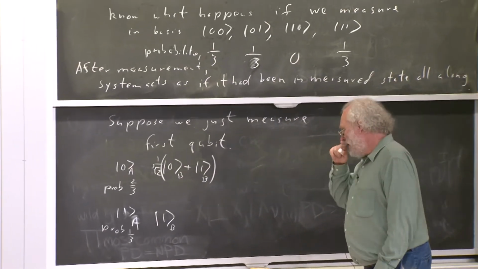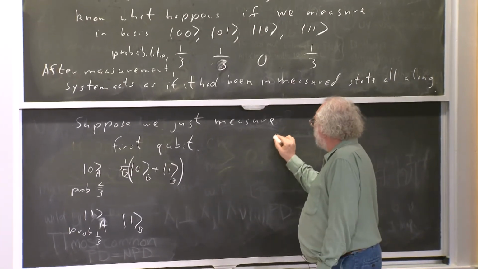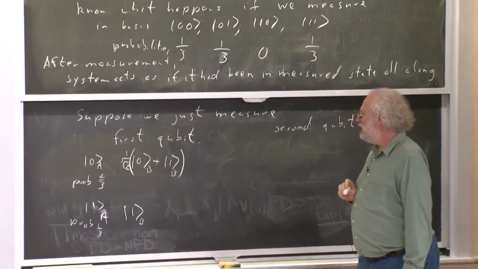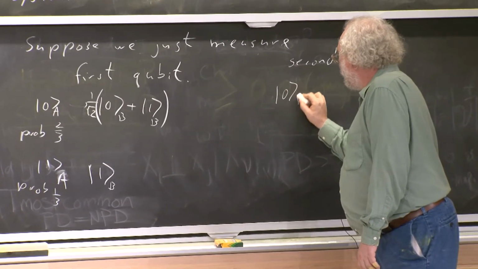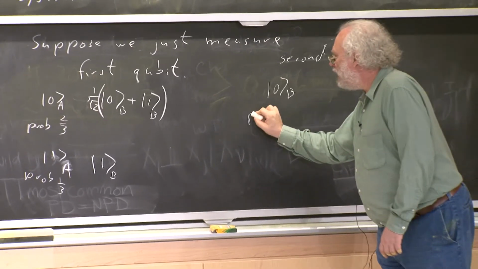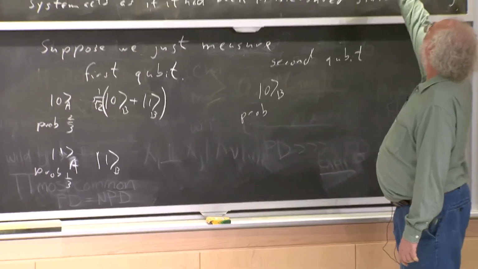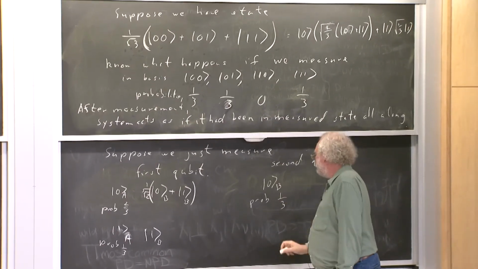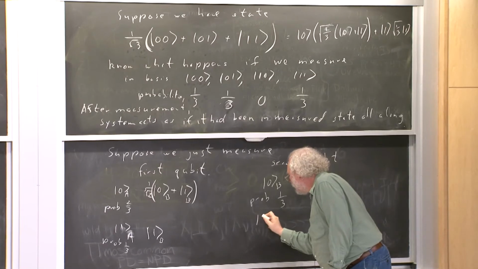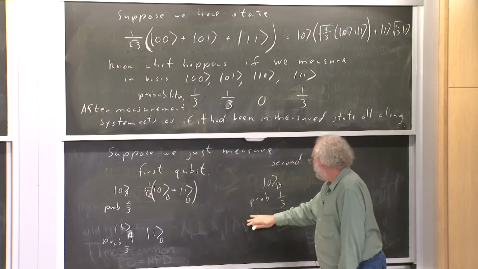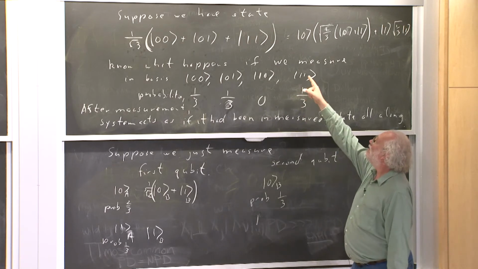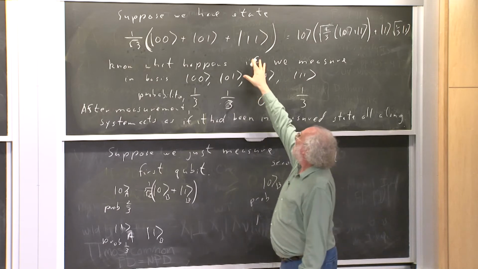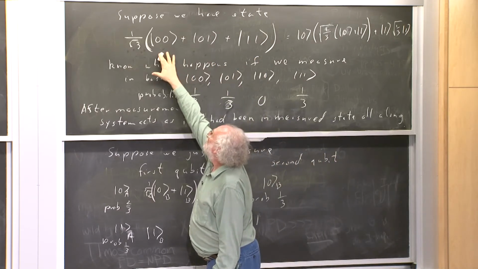Well, over here, we could have measured the second qubit. And we would get 0 for B with probability 1/3, and system A would be in state 0.